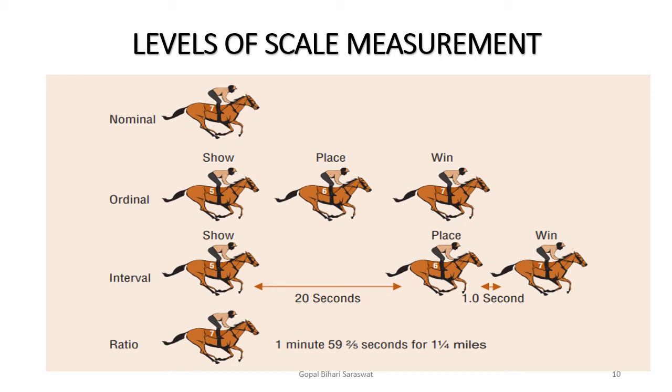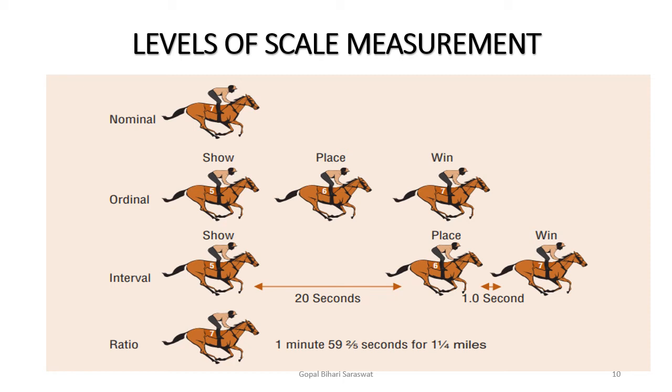On the contrary, interval and ratio go further and give more details about the position of these horses in the race. In the ordinal scale, we are aware the seventh horse is the winner and the fifth one is the loser. But how far is the sixth horse from the fifth horse?